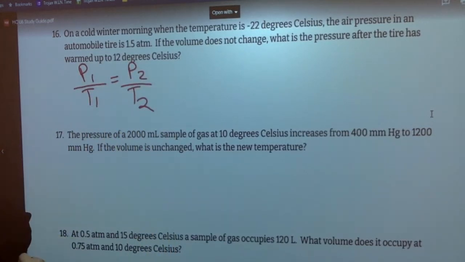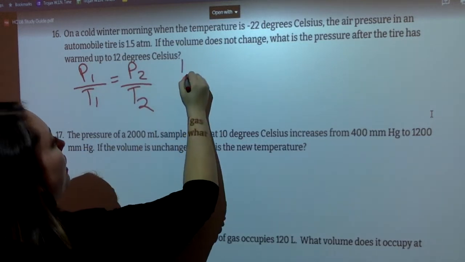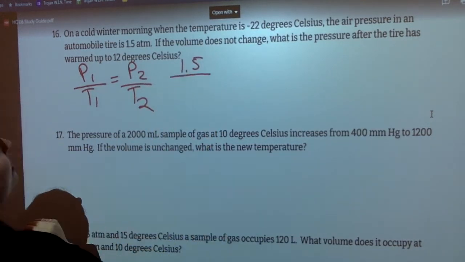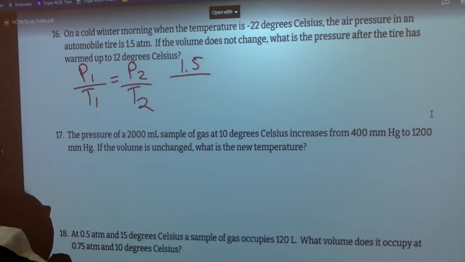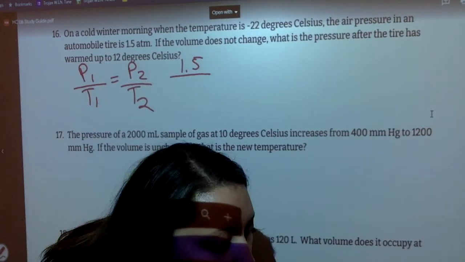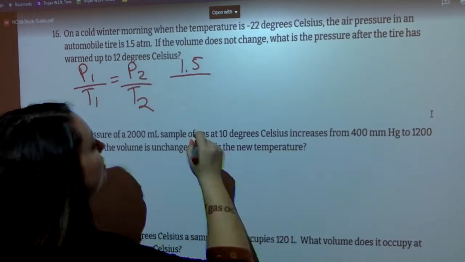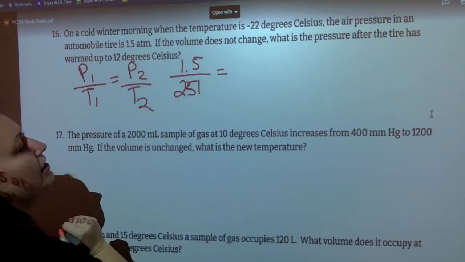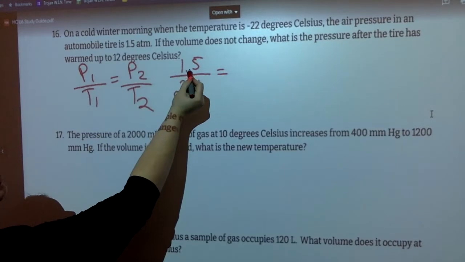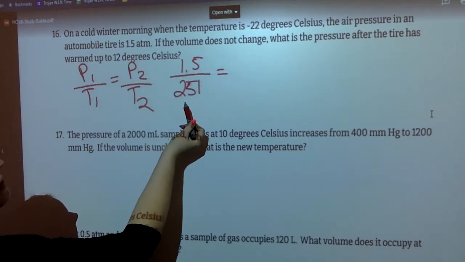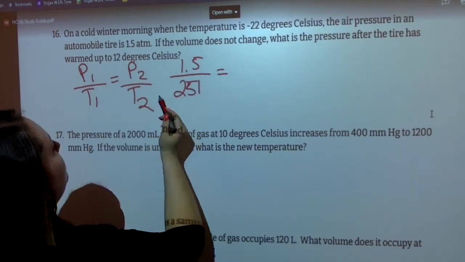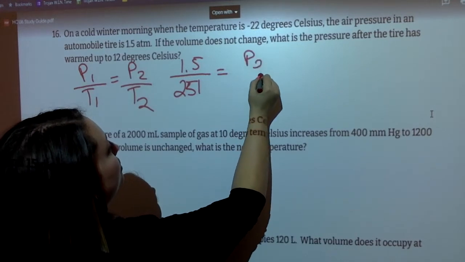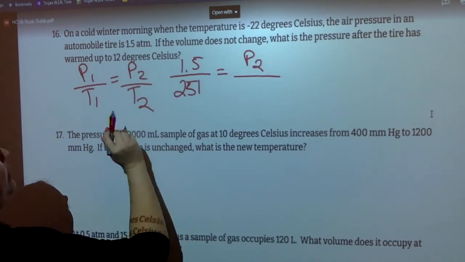Okay. So pressure 1 was 1.5 atmospheres over your temperature. It's going to be 251. All right, so I have 1.5 atmospheres over 251 Kelvin, set equal to pressure 2, we don't know, and temperature 2.